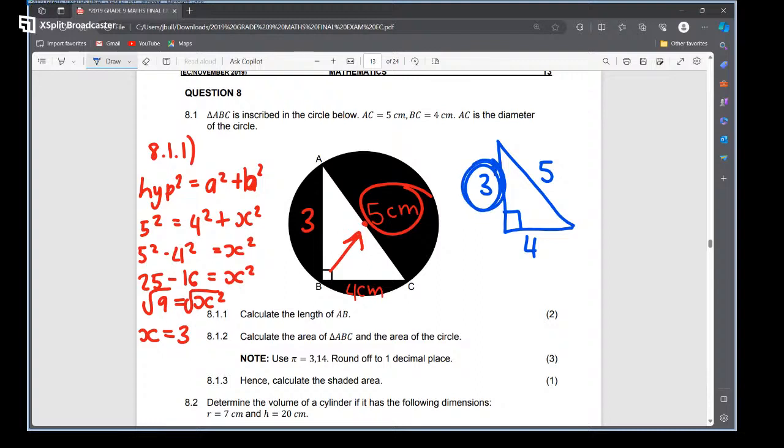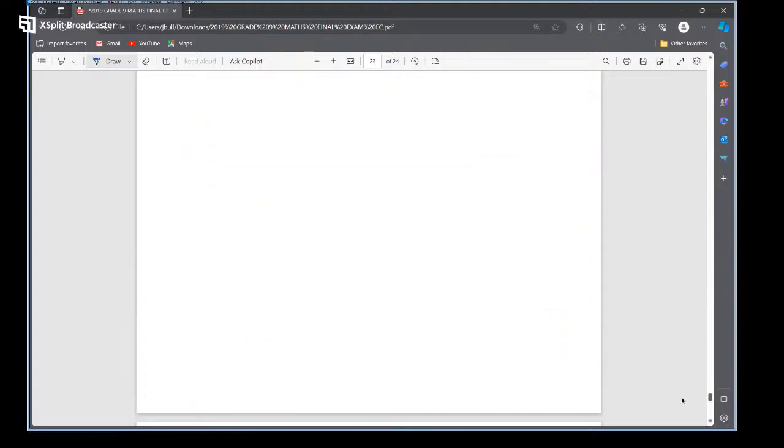Okay, next up, calculate the area of triangle ABC and then the area of the circle. So I don't think I have enough space here, so I'm going to just scroll down to the bottom. Okay, so let's just do a quick drawing of this again.